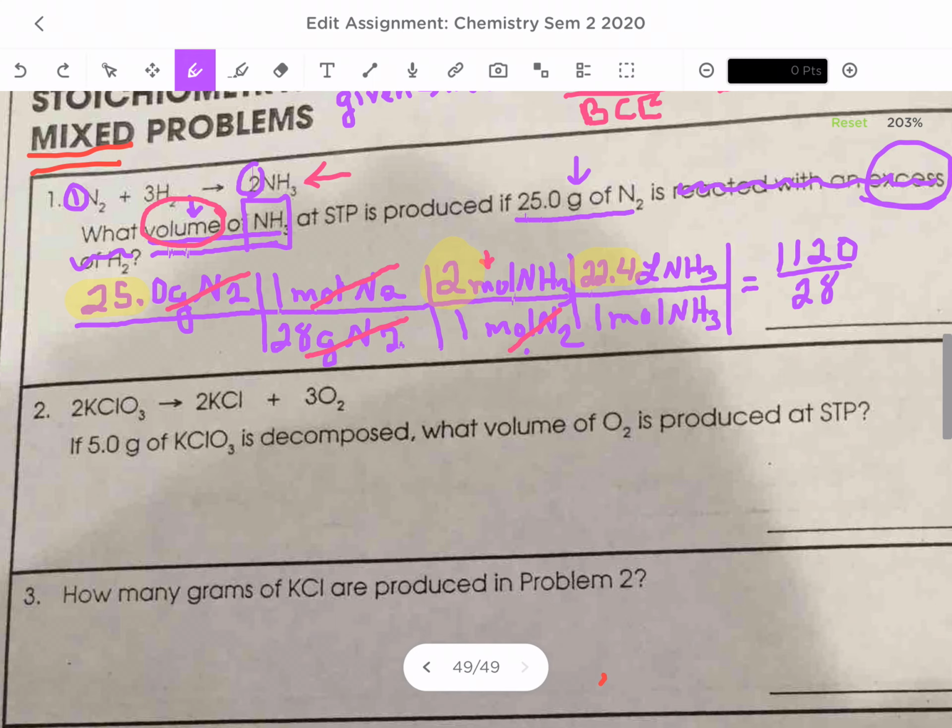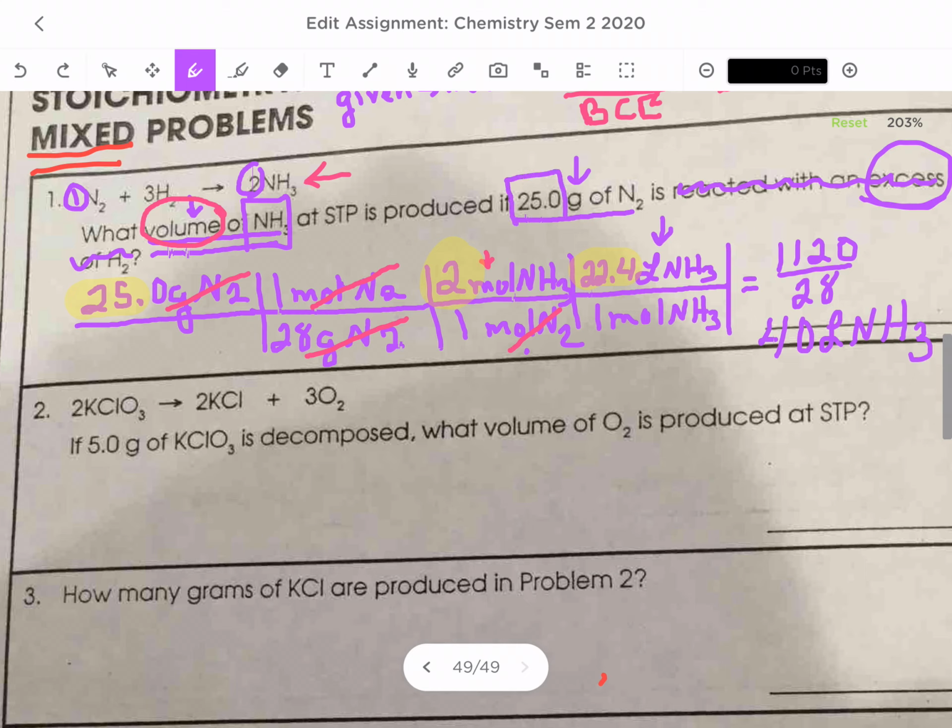So my answer is 40 liters of NH3. Now I need to look at my conversion factor, or my starting number, and check my significant figures. My starting number was 25.0.